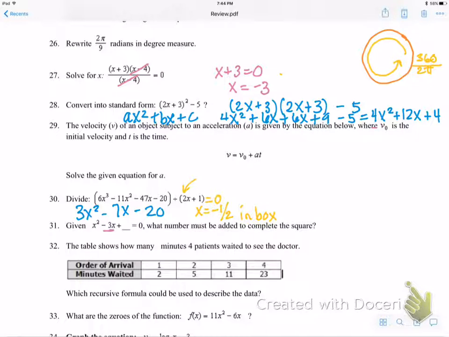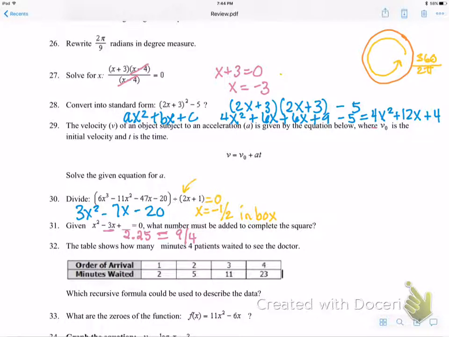And -1.5 when you square it is 2.25. So the number that completes the square here is 2.25, which feels strange, but it's correct. You could also write that as 9/4 if you wanted to.